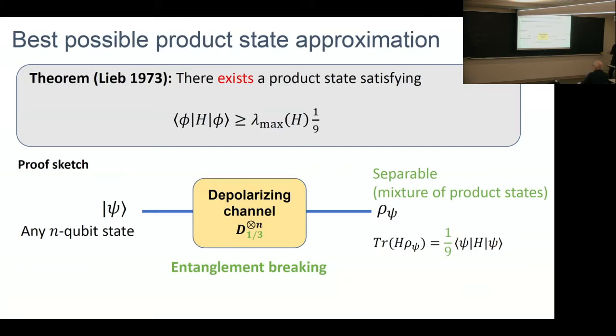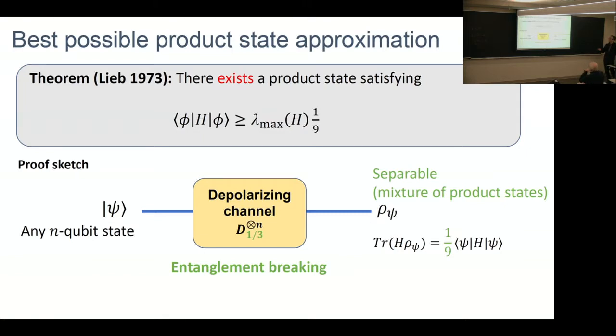What that means is that when you apply it to n qubits, you get a separable state, which is a convex combination of product states. So we're adding noise to any state, we get a separable state with energy 1/9 of the original state, and that implies that by convexity there is a product state with energy at least 1/9 that of psi.